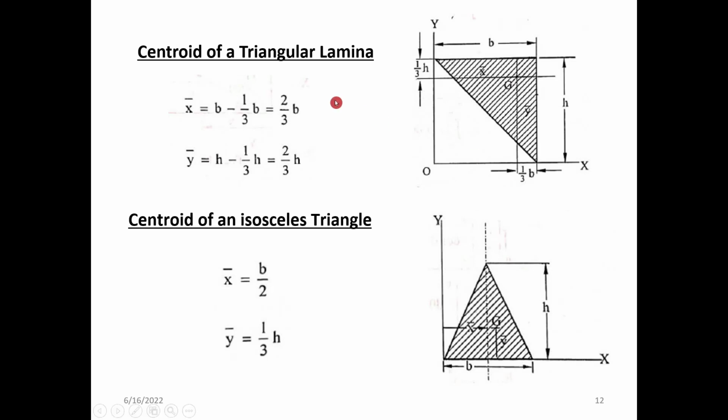So this is an application for finding the centroid. You have a geometrical figure like this, and we are supposed to find the centroid of this shaded portion alone. To find the centroid of this shaded portion, you can do it directly, as you know the centroid of this triangle.